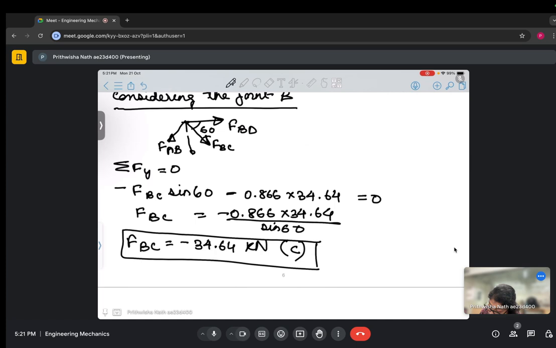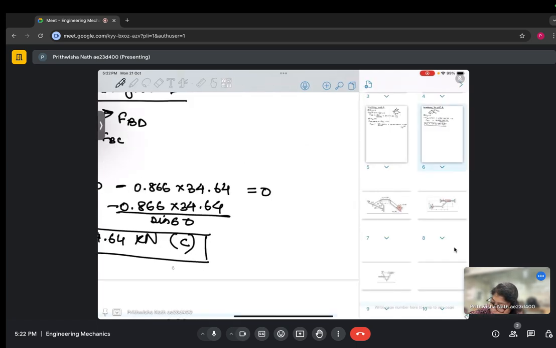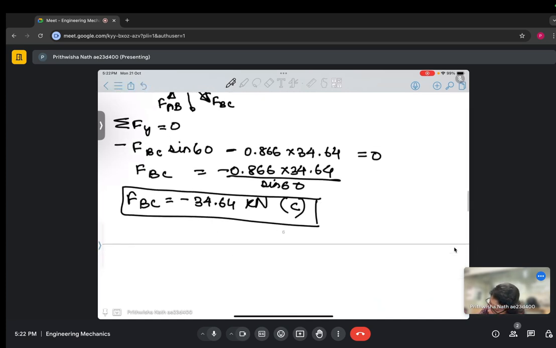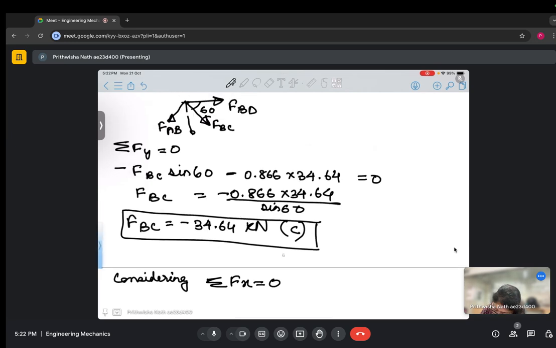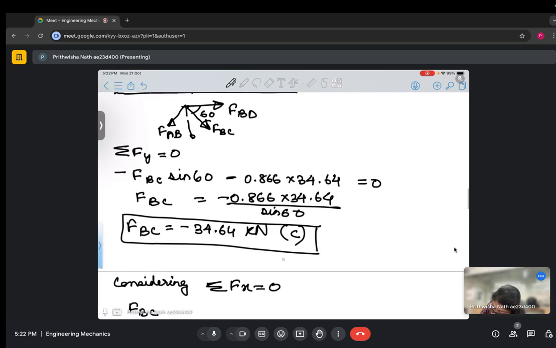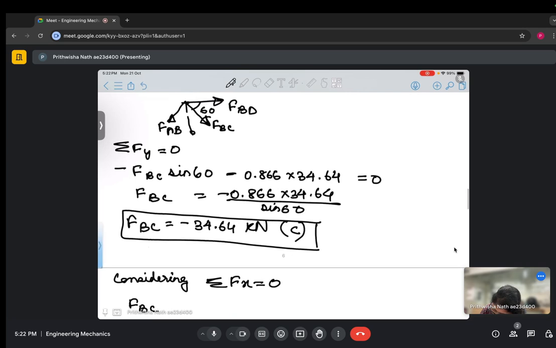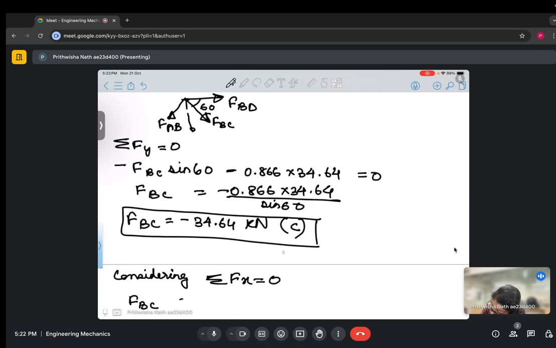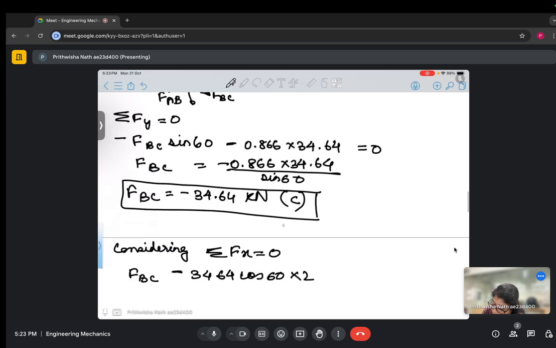Now considering the force equilibrium in x direction, this will be FBD minus 34.64 cos 60 into 2. So this is 0.